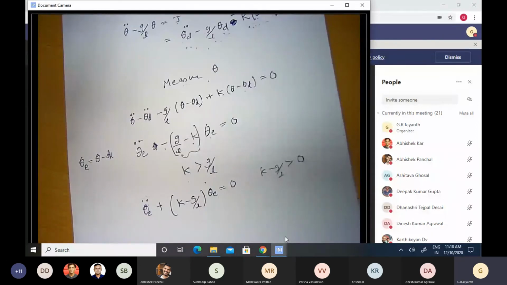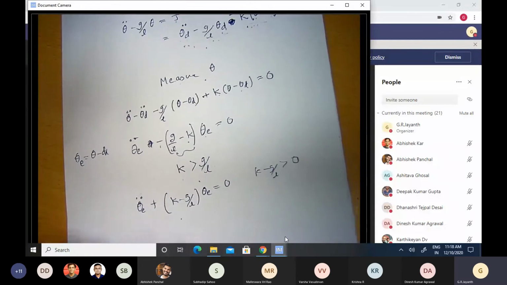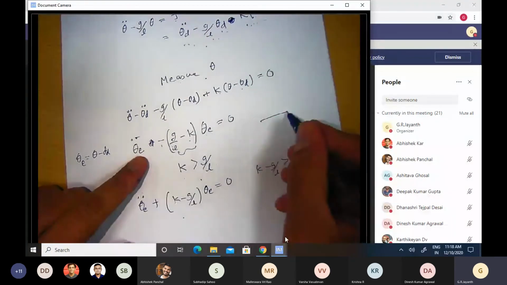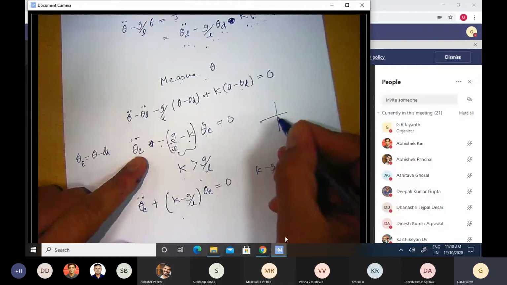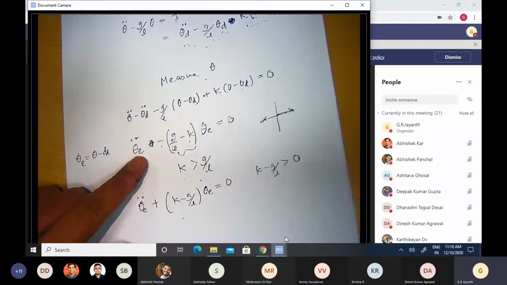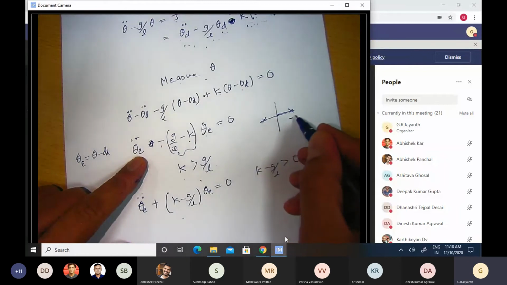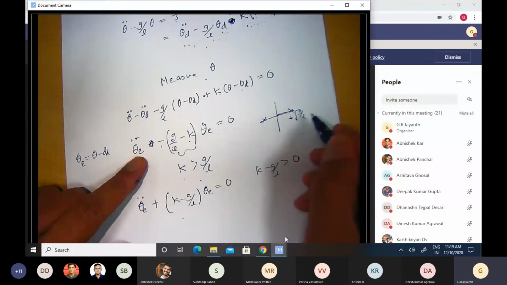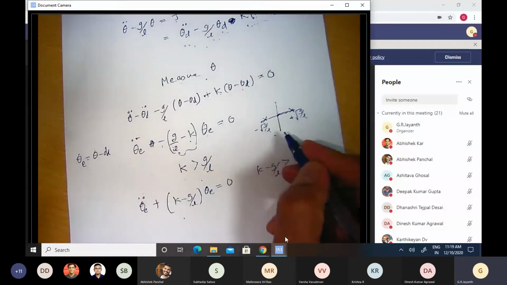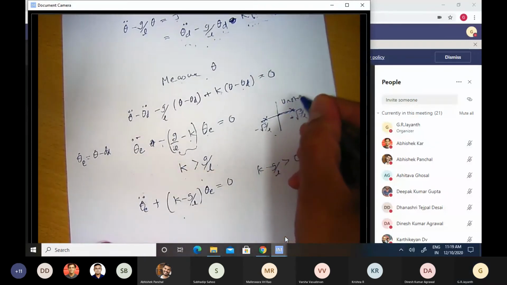Now, what do you guys have to say about the stability characteristics of this particular error dynamics? In the original case, I had my system poles on either side of the origin along the real axis, at plus square root of g by L and minus square root of g by L. And this is what made my original pendulum an unstable system.